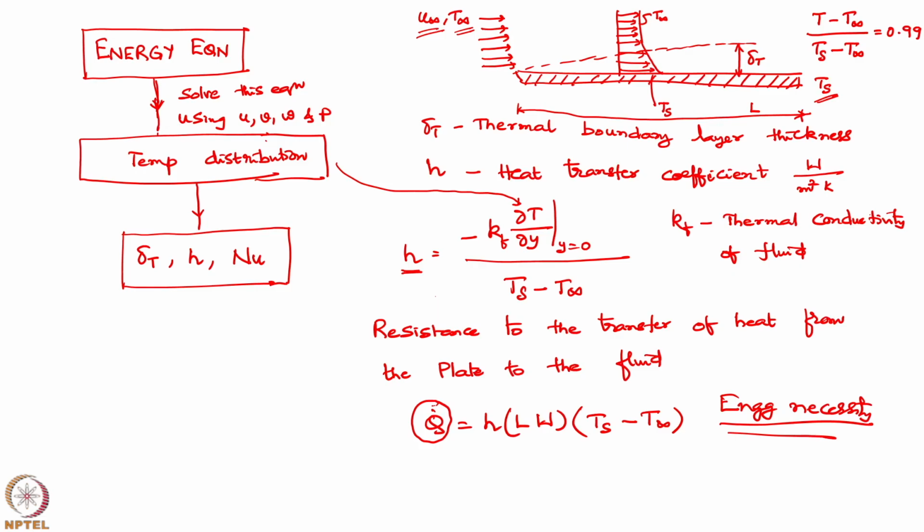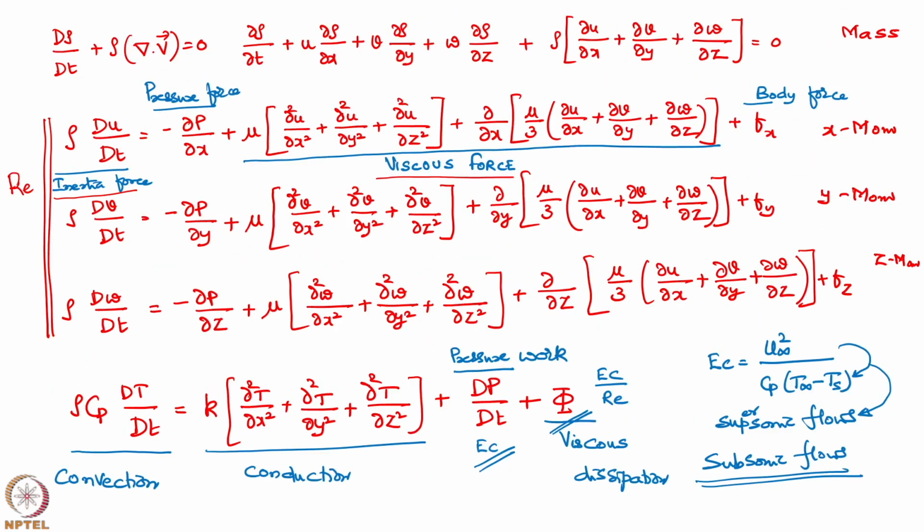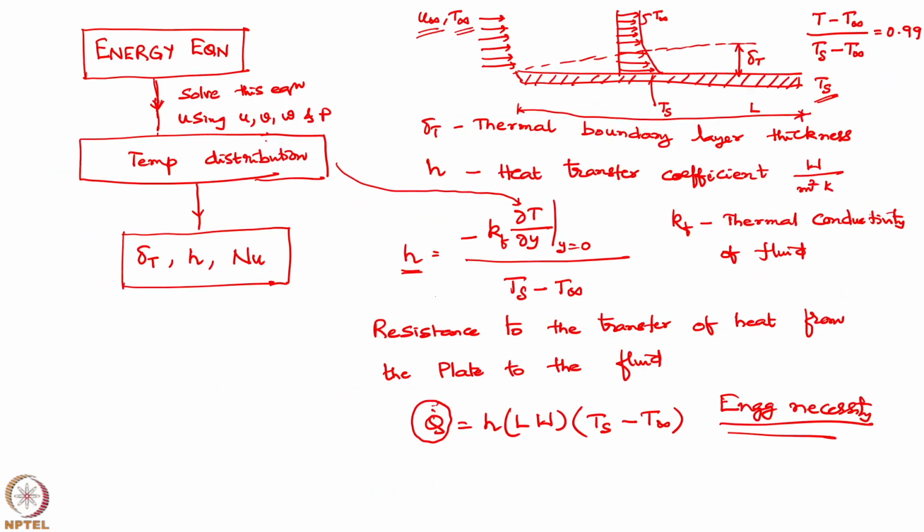If you non-dimensionalize the energy equation for subsonic flows, you are going to see here 1 by Re Pr. So, we can expect that for subsonic flows, the Nusselt number is going to be a function of Re and Pr.